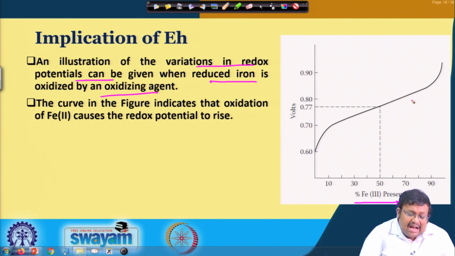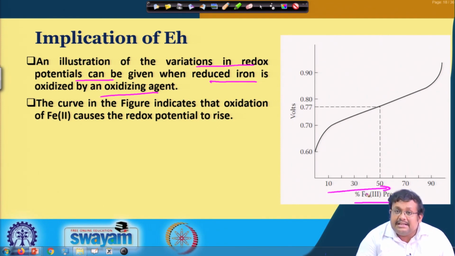This curve in the figure indicates that oxidation of Fe2 plus causes the redox potential to rise. You can see when the concentration of Fe3 plus is increasing, meaning conversion from Fe2 plus to Fe3 plus is increasing, there is also an increase in redox potential.